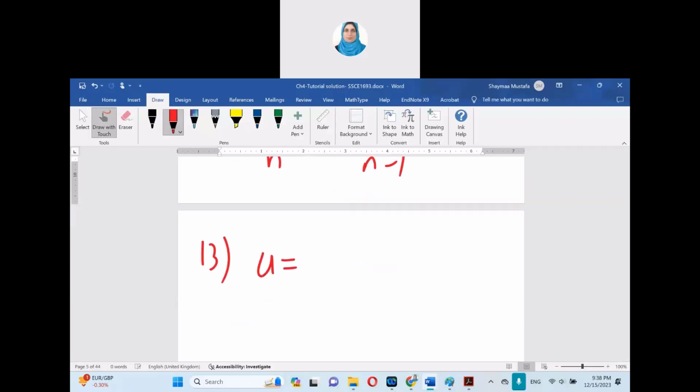For question 13, you have to take u equal to e to the power minus x squared and dv equal to x to the power n dx.